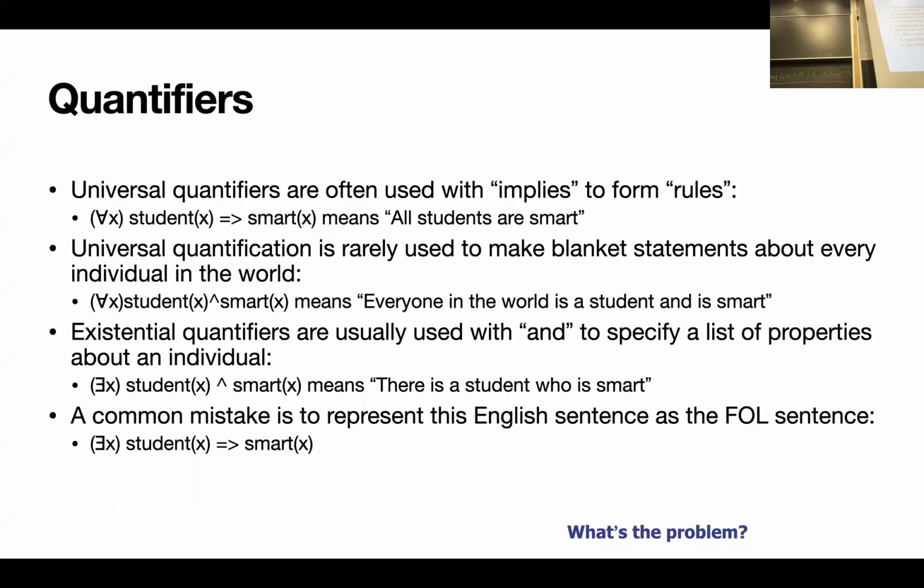So in general, the problem is, because remember, if this is false, then we can have anything, right? False implies anything in general. So what often happens is that this will be true if our domain is empty, for example. If we have nobody in the domain, no student in the domain, then this sentence evaluates to true.